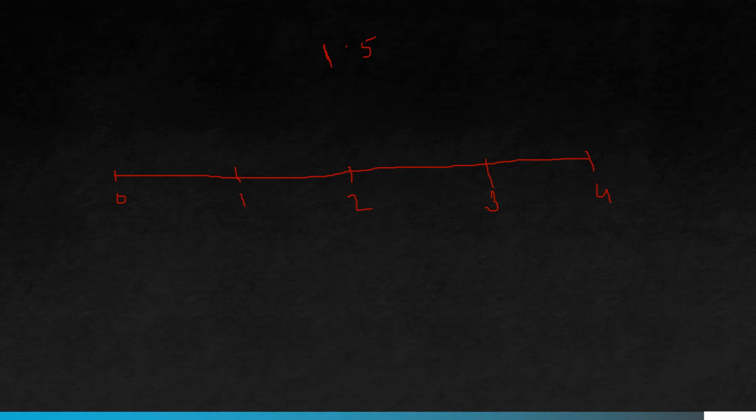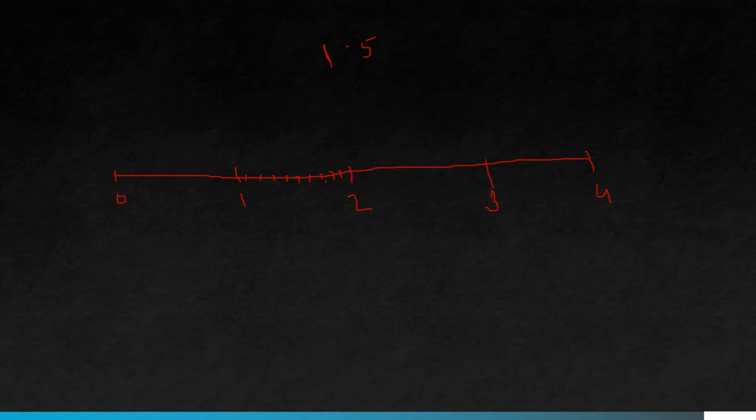Now after 1 we have to represent the 0.5. So how can we represent it? We have to divide the distance from 1 to 2 into 10 equal parts: 1, 2, 3, 4, 5, 6, 7, 8, and then this is 9. So we have divided this into 10 equal parts.